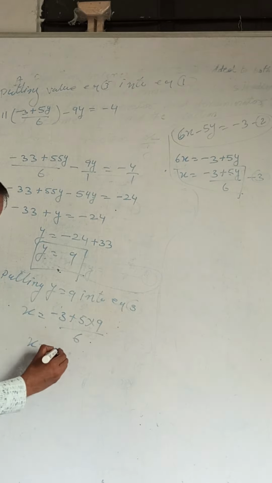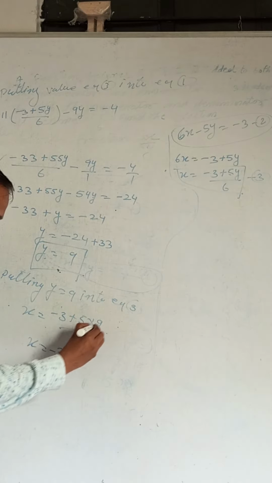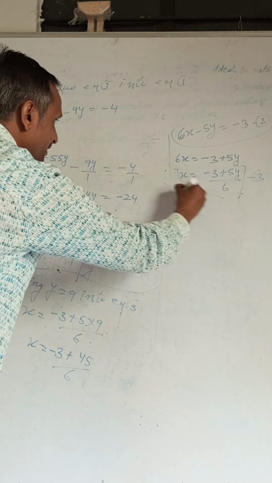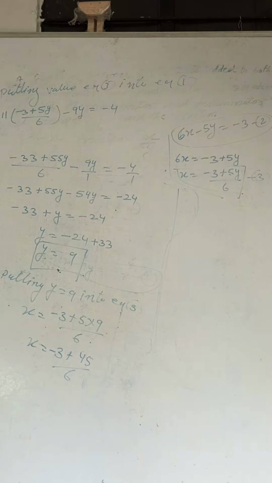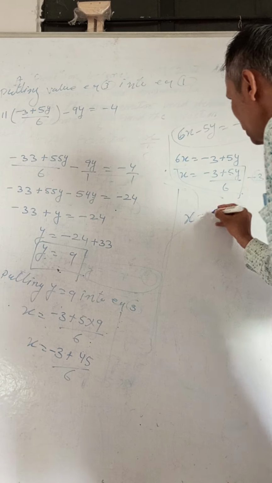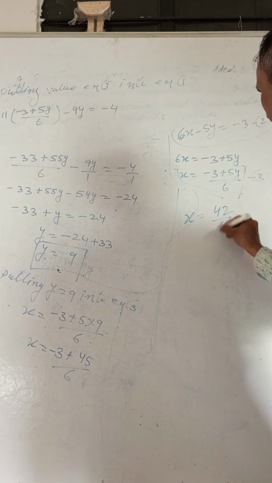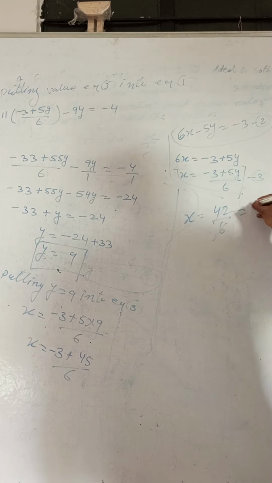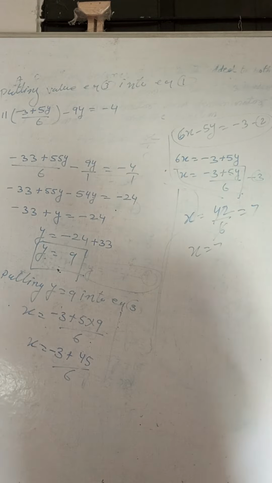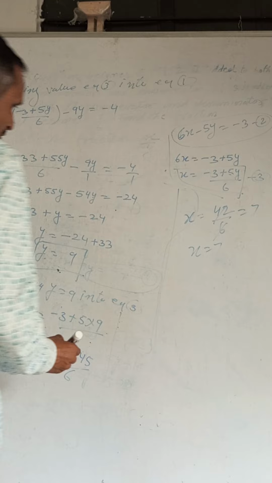Now we can get it by solving. X is equal to minus 3 plus 9 5s are 45, by 6. 45 minus 3 is equal to what? 42. X is equal to 42 by 6, which is equal to 7. We got x is equal to 7 and y value 9.